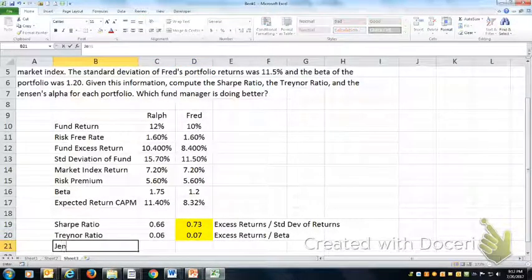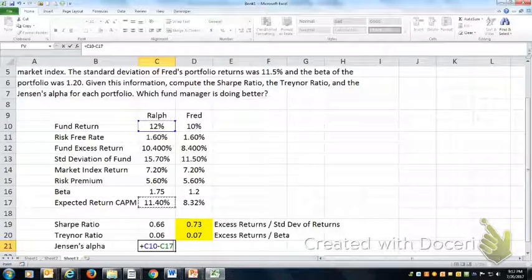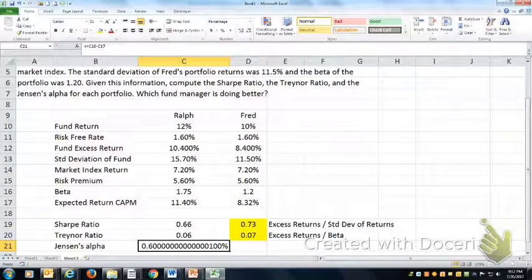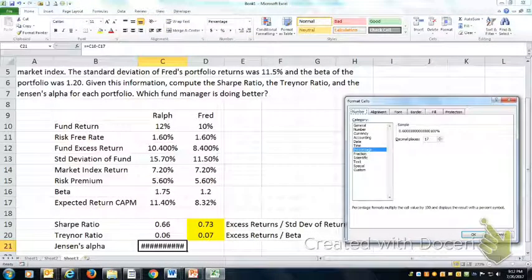And then Jensen's alpha is simply the actual fund return minus the return predicted by the capital asset pricing model, which is already adjusting for excess returns. That's Excel acting up. Let me format that so we can see it without the 17 decimal places.